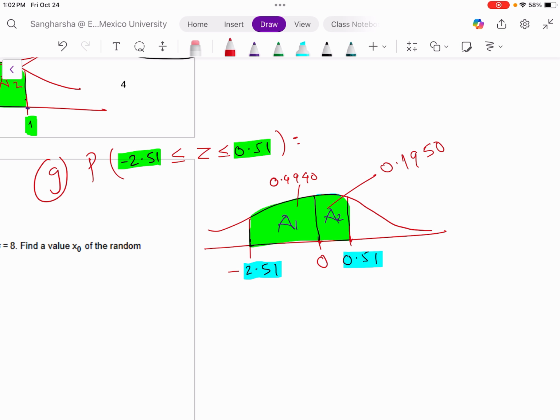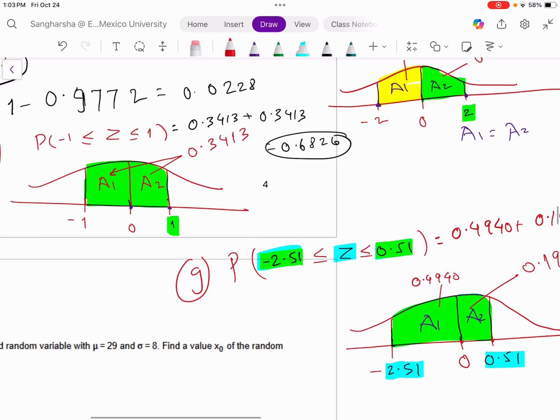This probability is A1 plus A2, so that is 0.4940 plus 0.1950, which is 0.689. So this is the probability that our G is in between these two numbers.